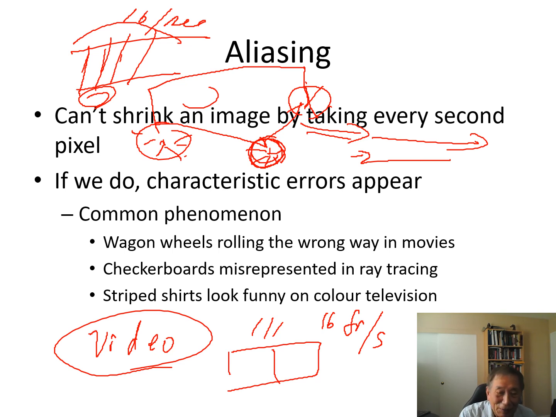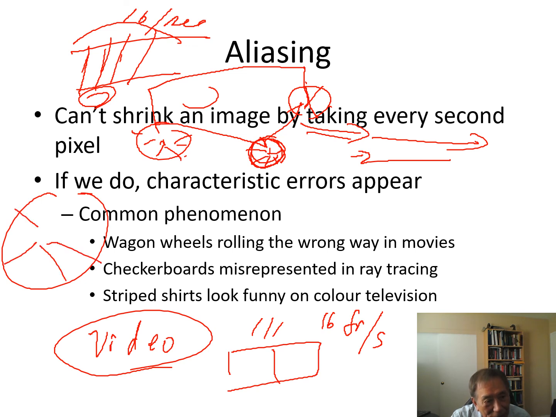In other words, the wheels keep moving. Suppose this is called a spoke, and this one goes to here, and this one goes to here. Suppose it took 1/16 second, then it will look exactly the same location. When it is very slow, moving like 1 round per second or half a second, it looks like the wheel is turning correctly.